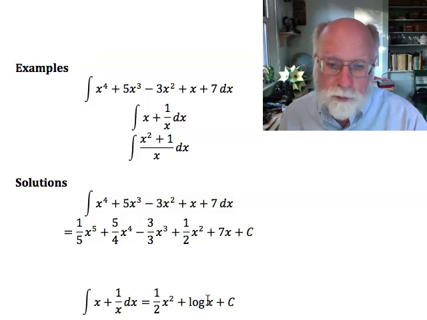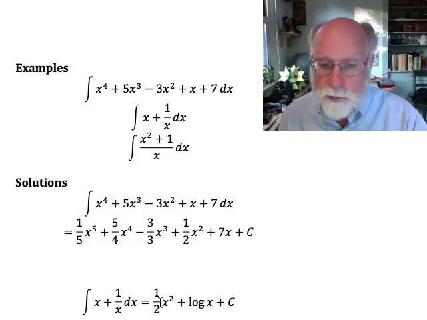And so this is equal to the sum of 1/2 x squared plus log x, and then again we add the constant of integration. And this is showing that when you have an algebraic integrand, something that you're integrating, you can get an antiderivative which is the sum of an algebraic function and a transcendental function.